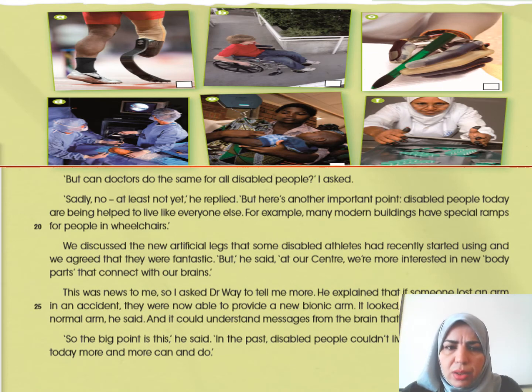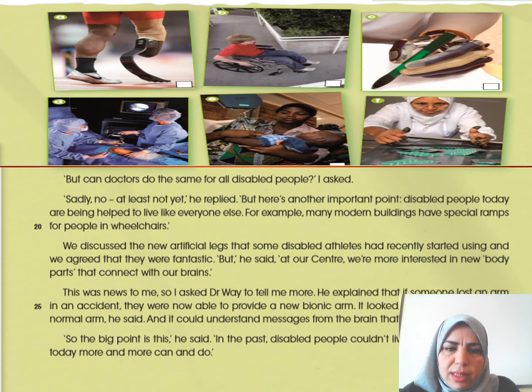But can doctors do the same for all disabled people? I asked. Sadly, no, at least not yet, he replied. But here's another important point. Disabled people today are being helped to live like everyone else. For example, many modern buildings have special ramps for people in wheelchairs.